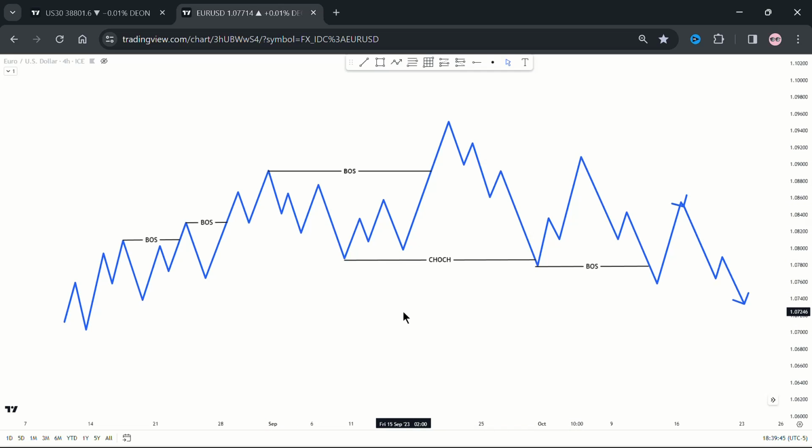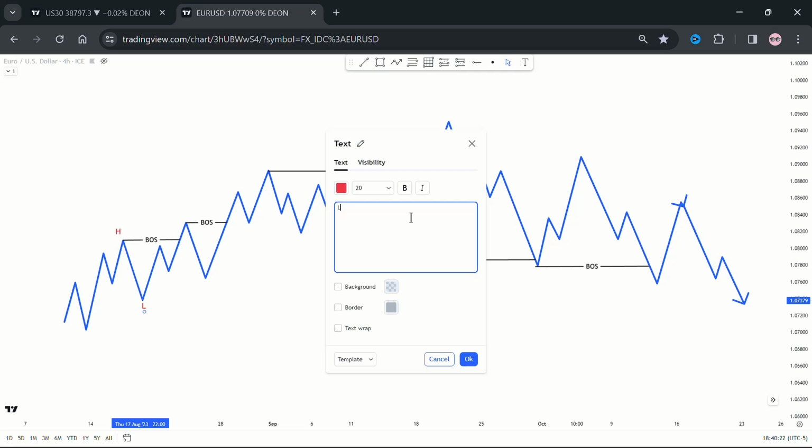When we are marking the highs and the lows, we already know that when the market takes out your inducement here, you can mark your high up there. That's your high, and then when the market makes a break of structure there, that is going to be your low right there.